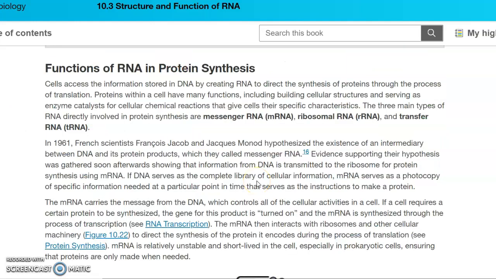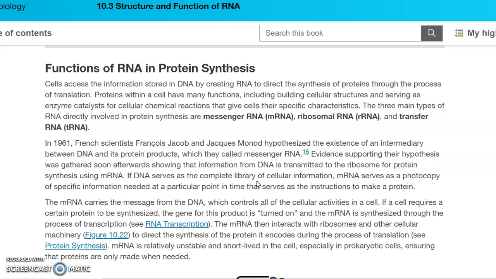Now, DNA stores the genetic material. But in order for cells to actually be able to access that information, RNA has to be created, and that RNA is going to be used to direct the process of protein synthesis.